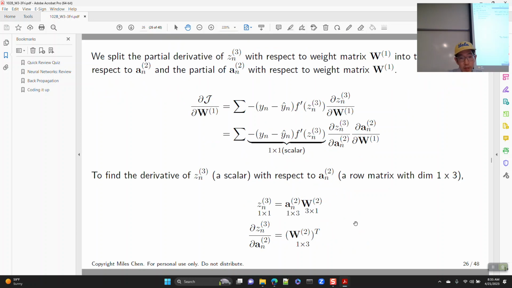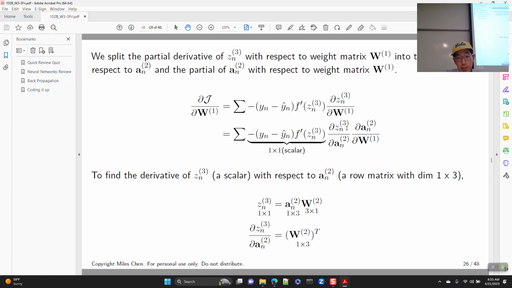This part is just a touch different, okay? Now how does Z3 sub n change with respect to W1? Z3 sub n is the result of taking your activated values and multiplying.